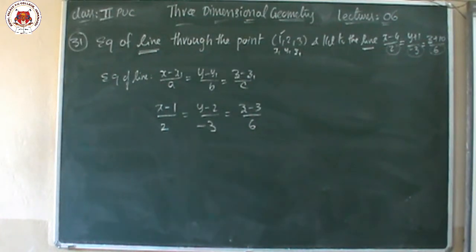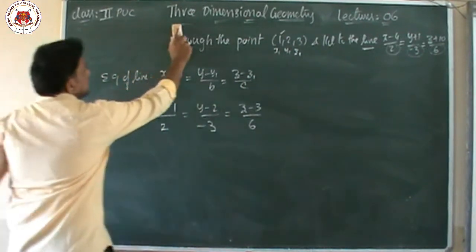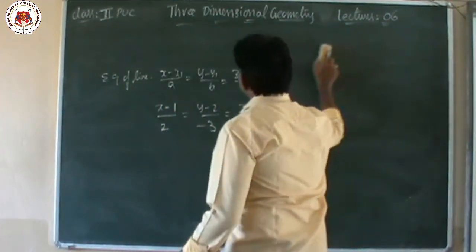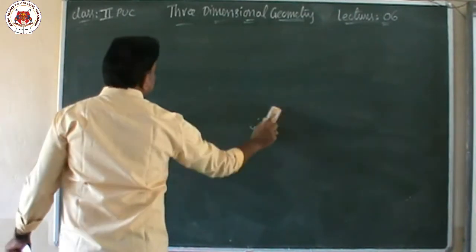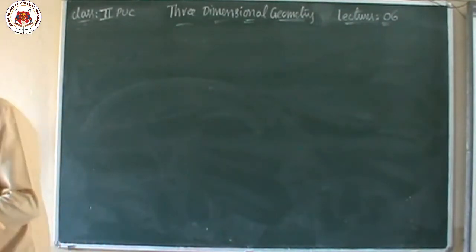Now, in the same manner, the next question is there: question number 32. When two lines are parallel, the DRs are the same. That's it.